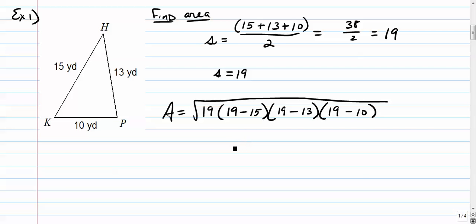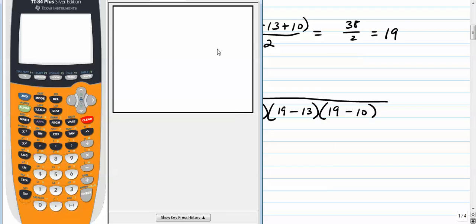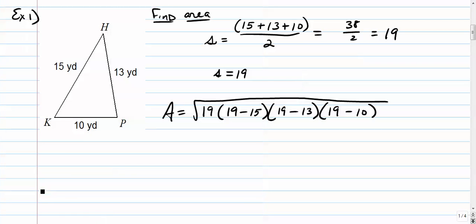Alright, then you go to your calculator, and we can enter this in all at once. So we've got big square root, and our semi-perimeter is 19. Open 19 minus 15.